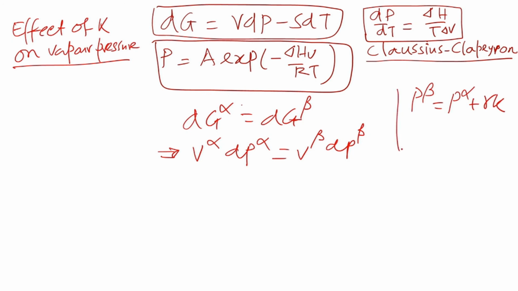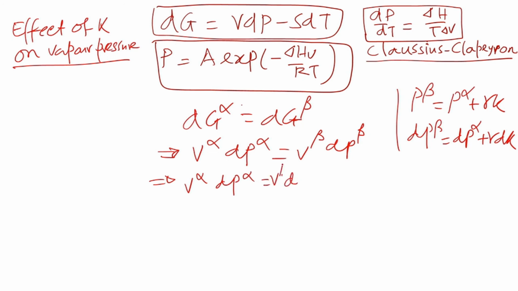Yes. So, now as you have already looked at it, V beta, V alpha, gamma kappa, and therefore dp beta is dp alpha plus gamma d kappa. So, we can write V alpha dp alpha equals V beta dp alpha plus V beta gamma d kappa.